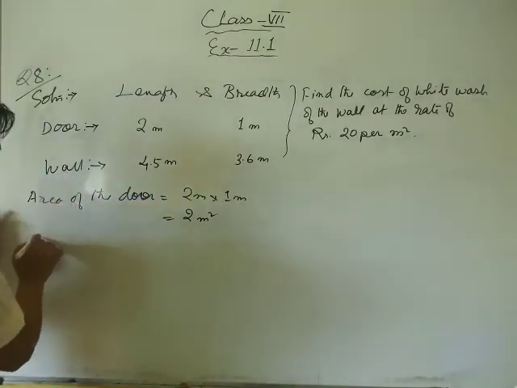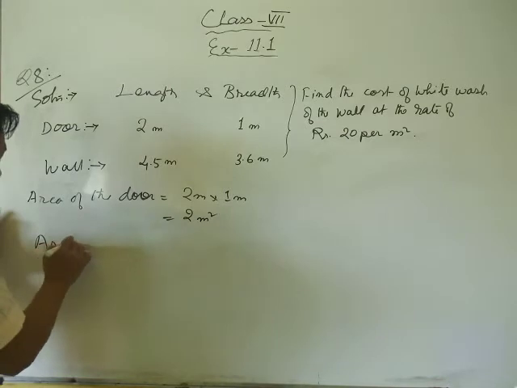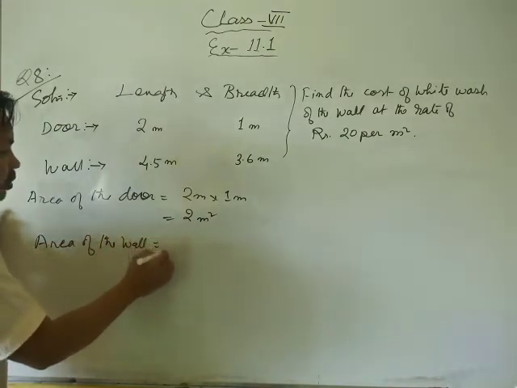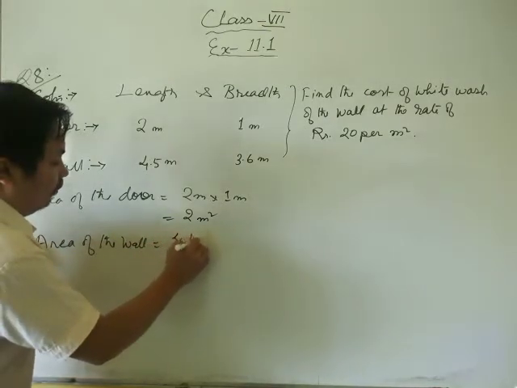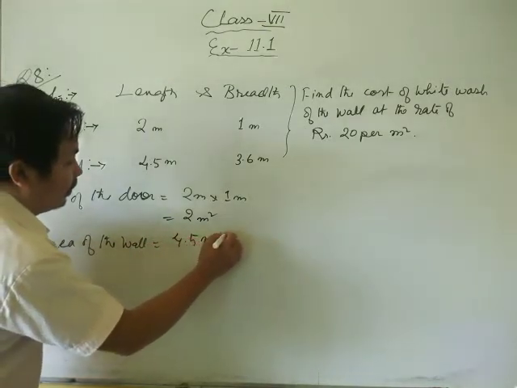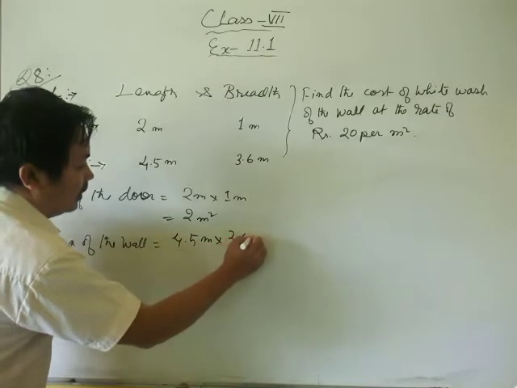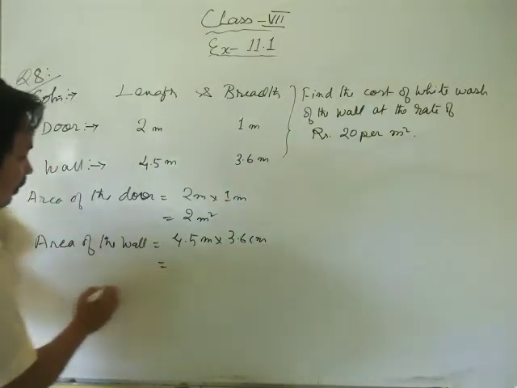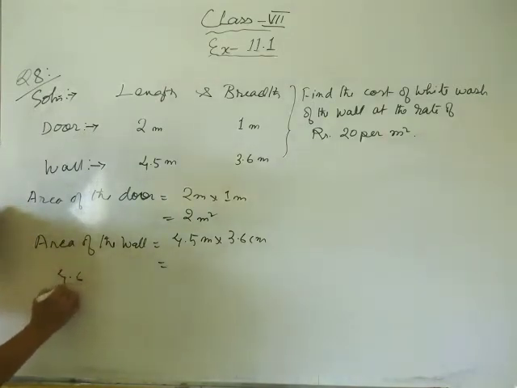Now next, area of wall. Area of the wall is equal to how much? 4.5 meter into 3.6 meter. Okay, that means how much? Let us multiply here, 4.5 into 3.6.